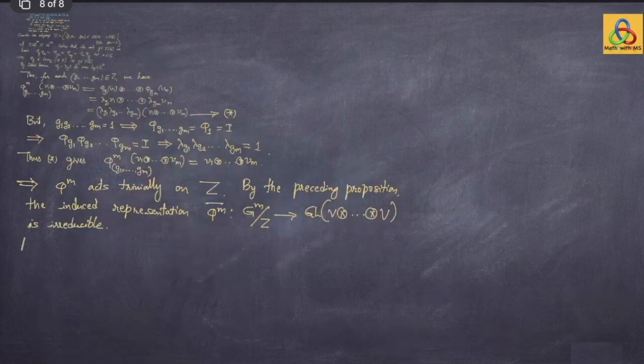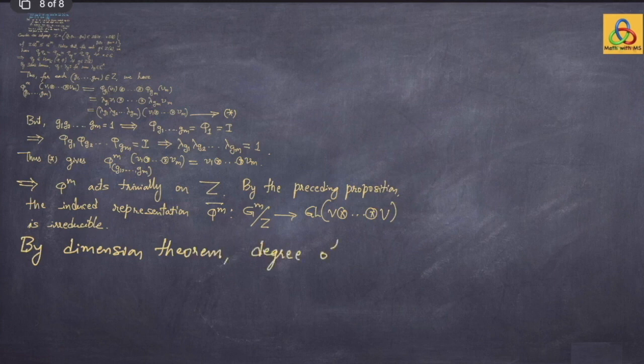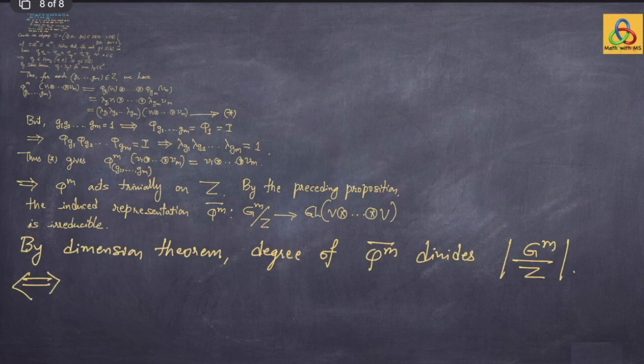Alright, so now we have an irreducible representation of a finite group, and therefore by the dimension theorem the degree of this representation divides the order of the group. So the degree of phi superscript m bar divides the order of the group, which in this case is the order of G^m by the order of Z.